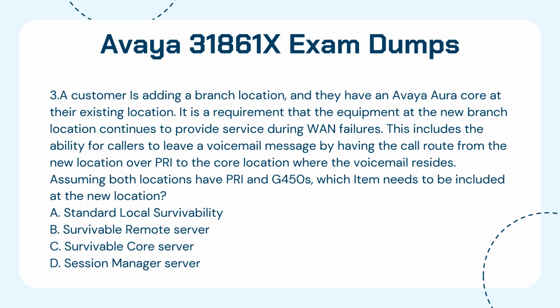Assuming both locations have PRI and G450s, which item needs to be included at the new location? A. Standard local survivability. B. Survivable remote server. C. Survivable core server. D. Session manager server.